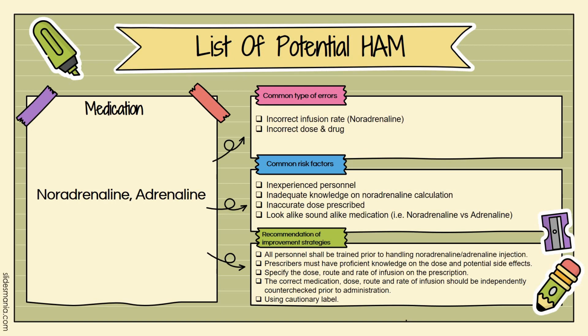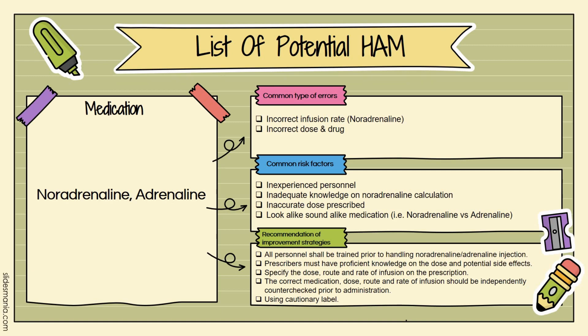Next is noradrenaline and adrenaline. The common type of errors include incorrect infusion rate, especially for NAD, and then incorrect dose and drug. The common risk factors include inexperienced personnel, inadequate knowledge on NAD calculation, inaccurate dose prescribed, and also look-alike, sound-alike medication, NAD versus adrenaline.